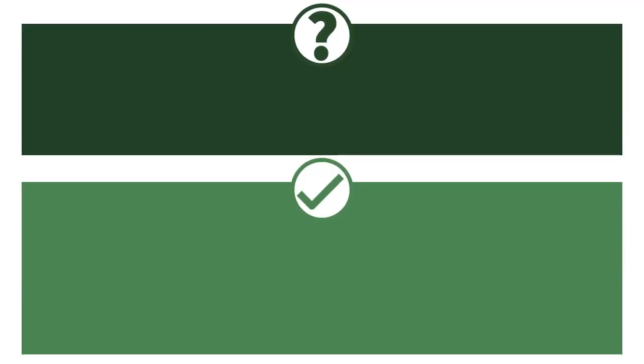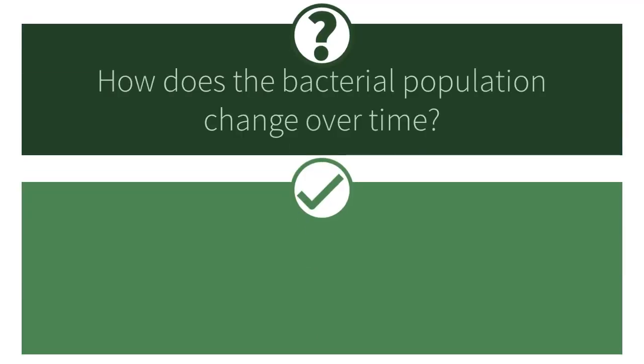How does the bacterial population change over time? If the mutations were not present in the population, the patient would now be well. But instead, the entire population became resistant to all of the antibiotics that were given to the patient. So now the bacterial population has changed. This population change is what Darwin referred to as evolution.